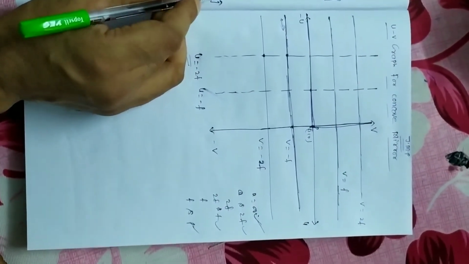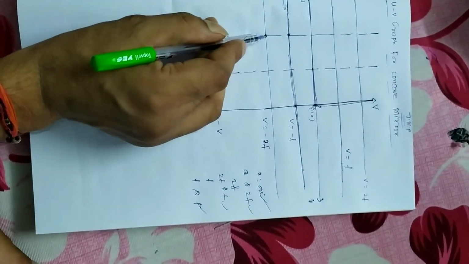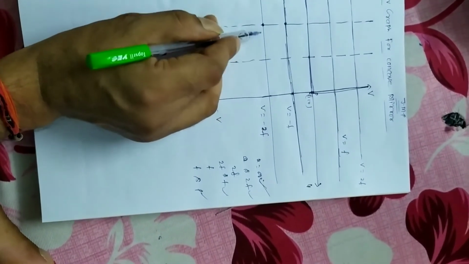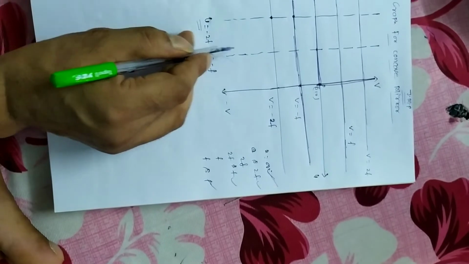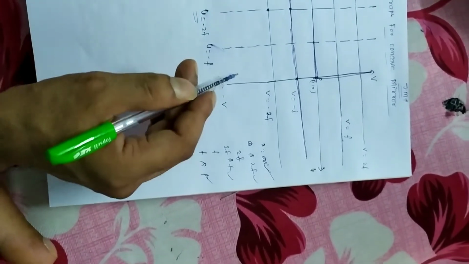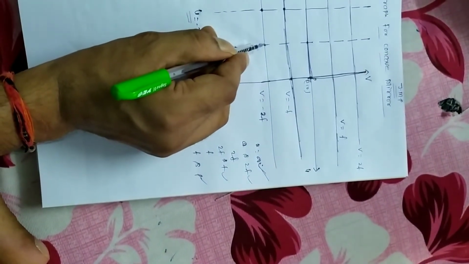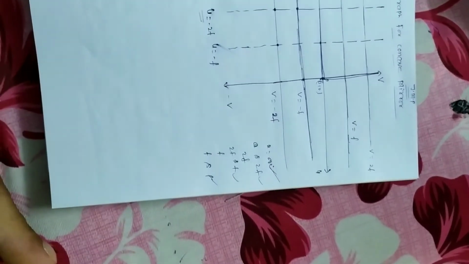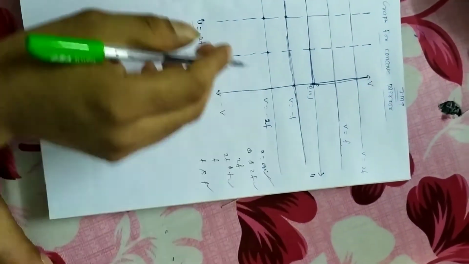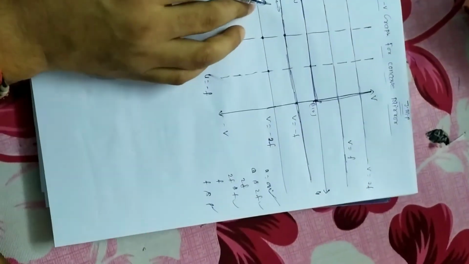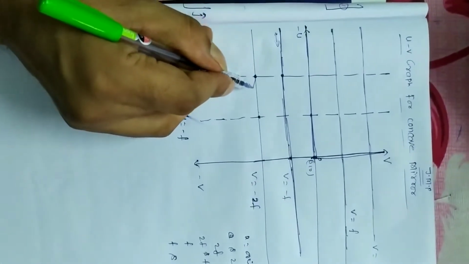When the object moves from 2f to f, the image starts moving towards infinity. When the object is at focus, the image becomes at infinity. So basically the graph becomes like this. The object is coming, so this is going like this.